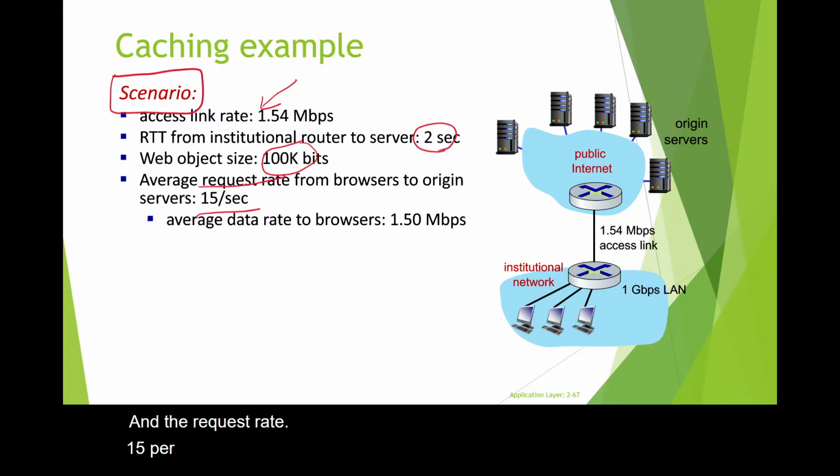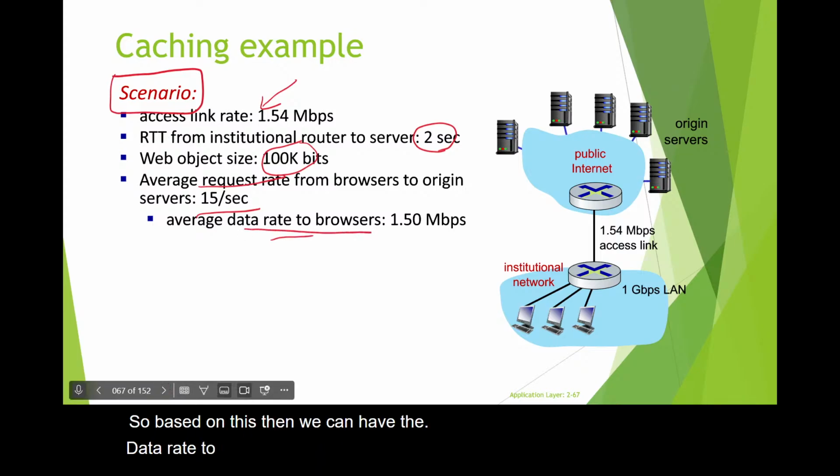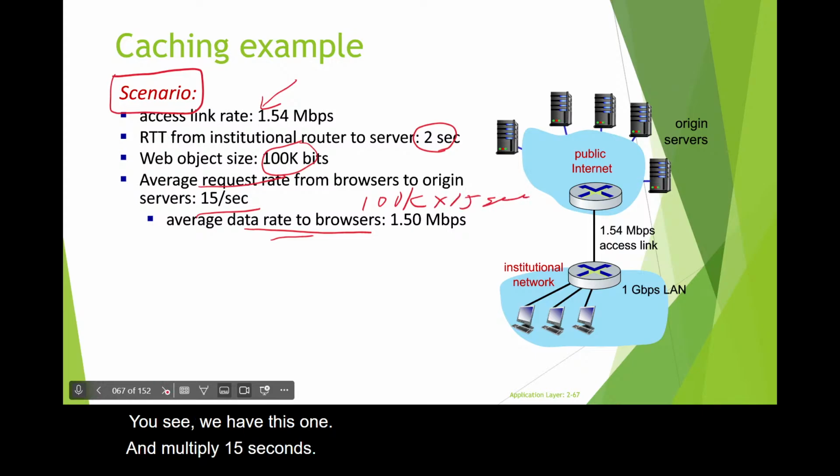Based on this, we can compute the data rate to the browsers by multiplying by 15 per second.